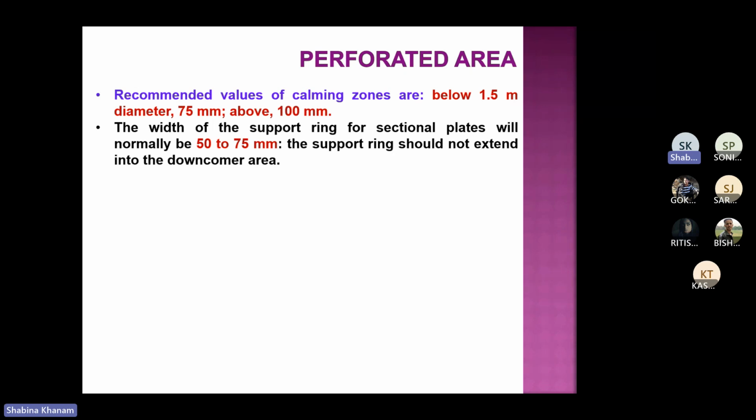So what does the calming zone include? Calming zone includes the plain area of the plate just below the downcomer section.